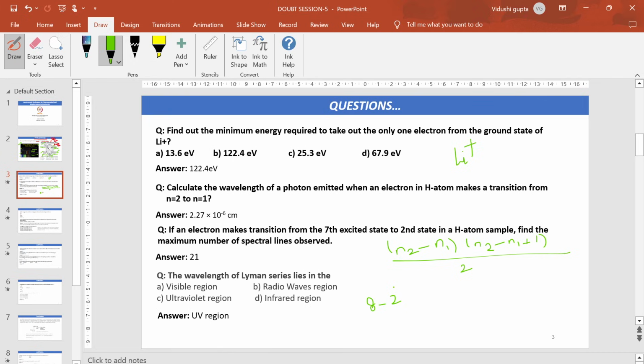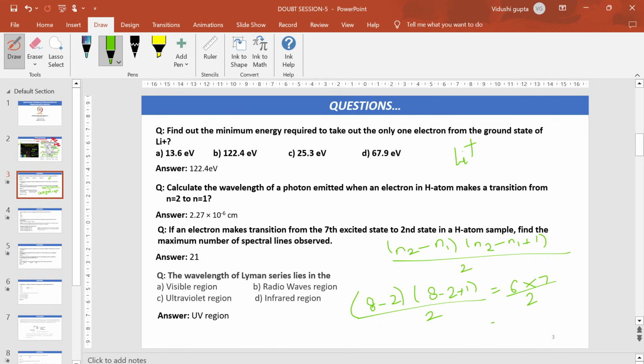So we are just substituting the values. So 8 minus 2 multiply by 8 minus 2 plus 1, divide by 2. So it will be 6 multiply 8 minus 2 plus 1, so 6 plus 1, 7 upon 2.